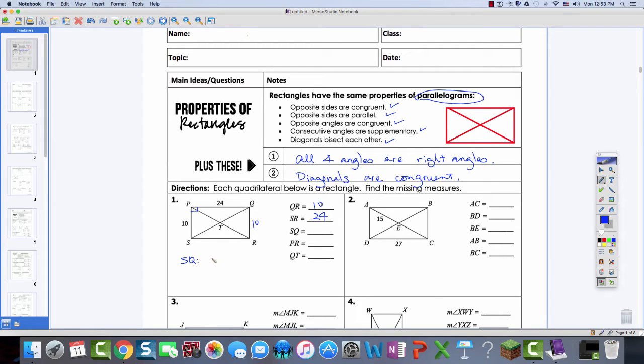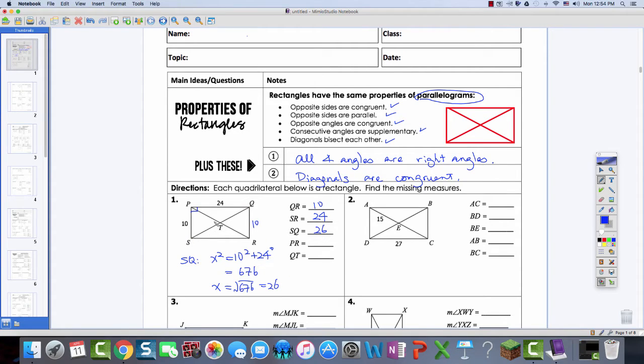hypotenuse. So hypotenuse squared should equal 10 squared plus 24 squared. That's 100 plus 576, I think. So check my math. You should have 676 as x squared. Now, if you take the square root of 676, that should come out to be 26.